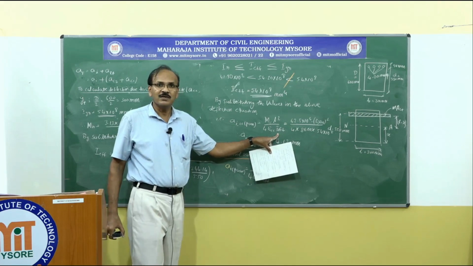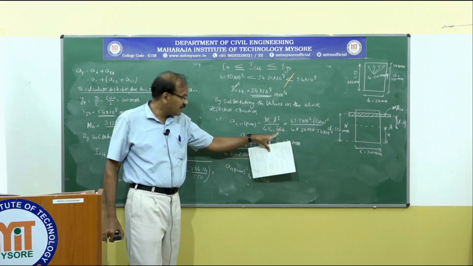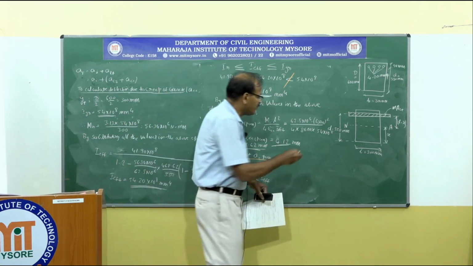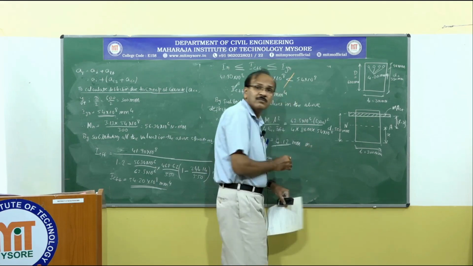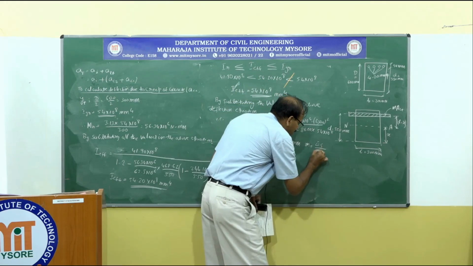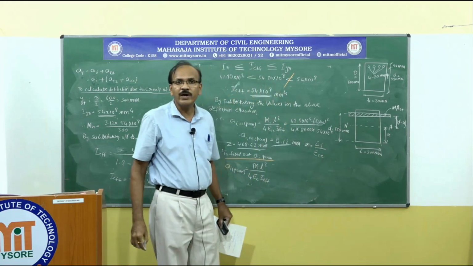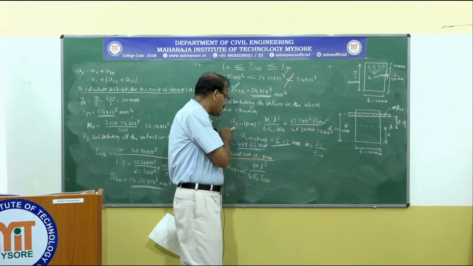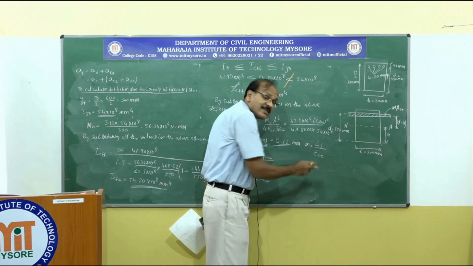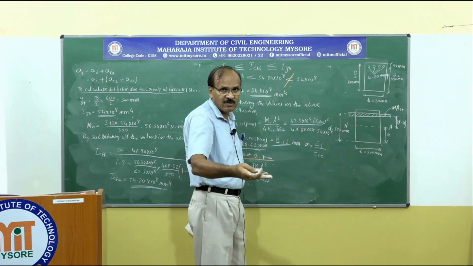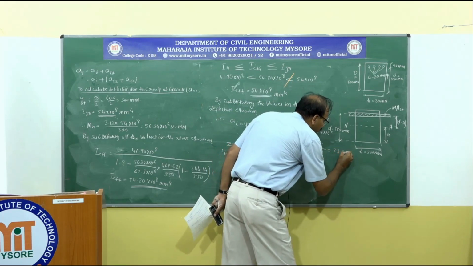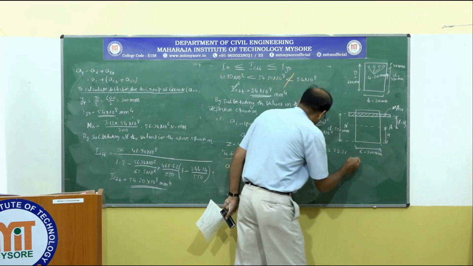No, it is not. The reason is, in this case, to find the modular ratio, we made use of the formula m equal to modulus of elasticity of steel divided by Ece, because this is immediate deflection and also creep deflection. In this case Ece is a different value, and as a result we got the value of m equal to 23.26.